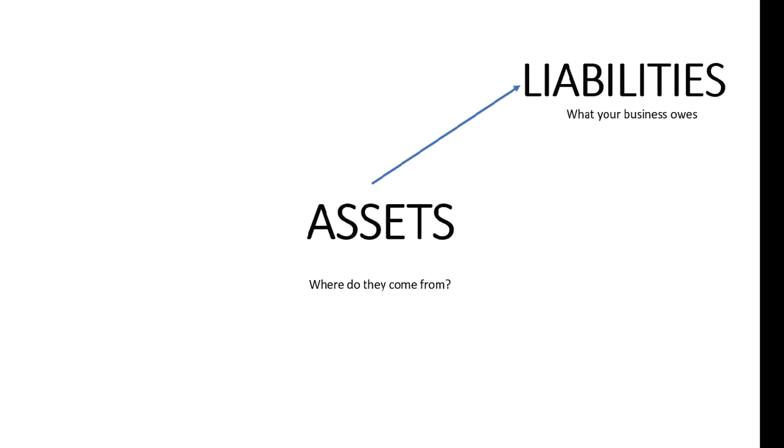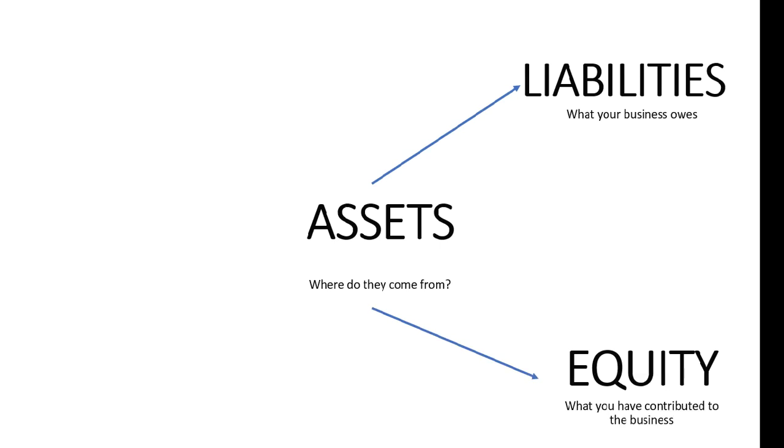But if you do have money to finance your assets, these assets could also come from equity. So equity represents what you as the owner have contributed to the business. Based on this very simple presentation, you could see that assets could come from liabilities or equity or both, right?